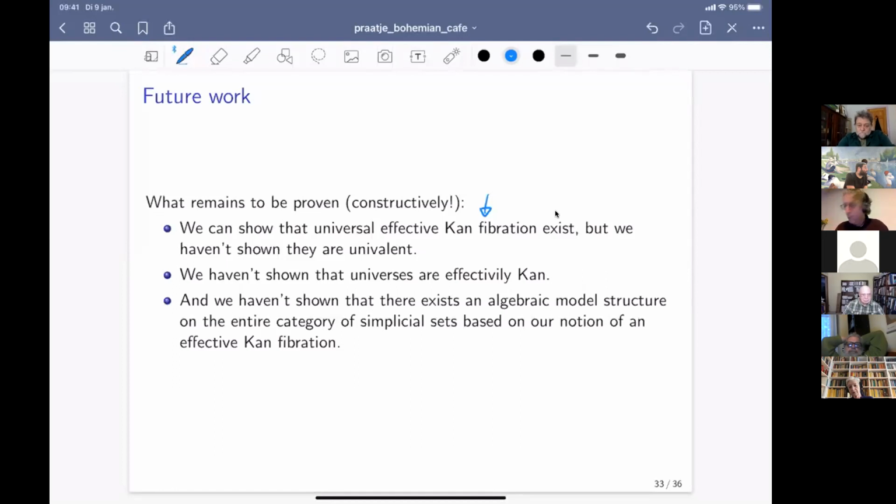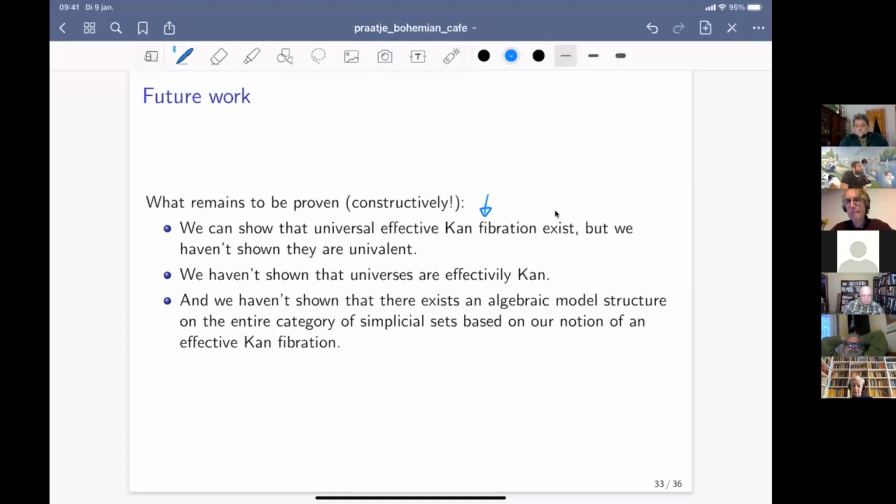My idea is that once you show items 1 and 2 on this list, and you also prove, in a constructive metatheory, the right version of this small object argument, which will give you that these effective cofibrations are the right class in an algebraic weak factorization system, you have basically shown that you have an algebraic model structure in some sense.